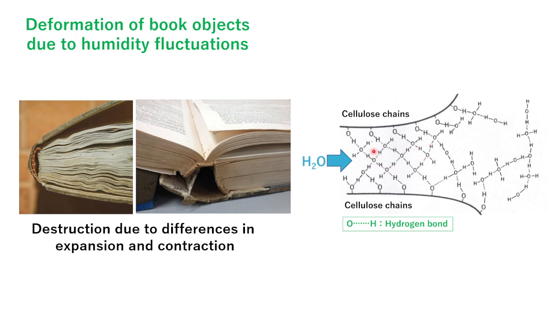Then water molecules break hydrogen bonds between the cellulose chains, enter just between the hydroxyl groups in cellulose molecules, and settle by establishing new hydrogen bonding. As a result, a phenomenon called swelling occurs because the cellulose molecules are spread out by water.